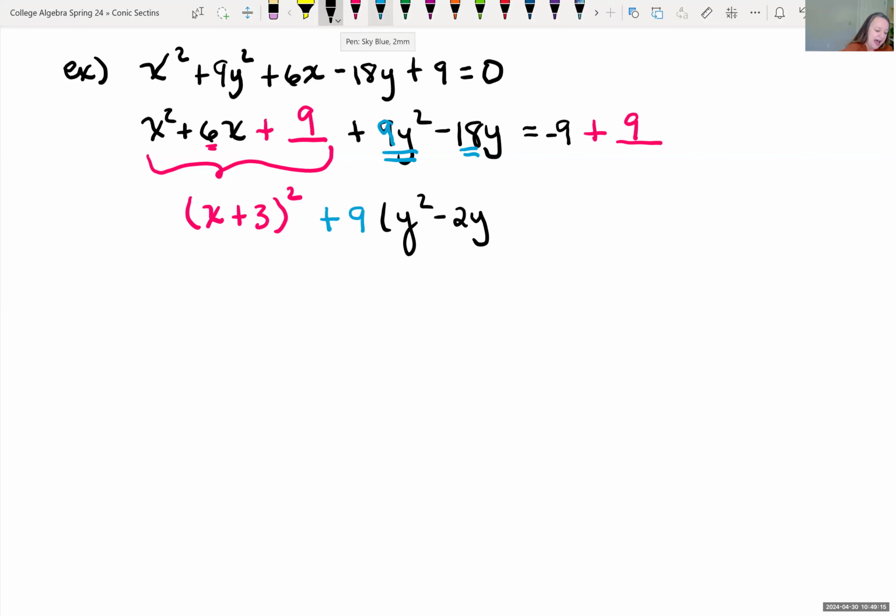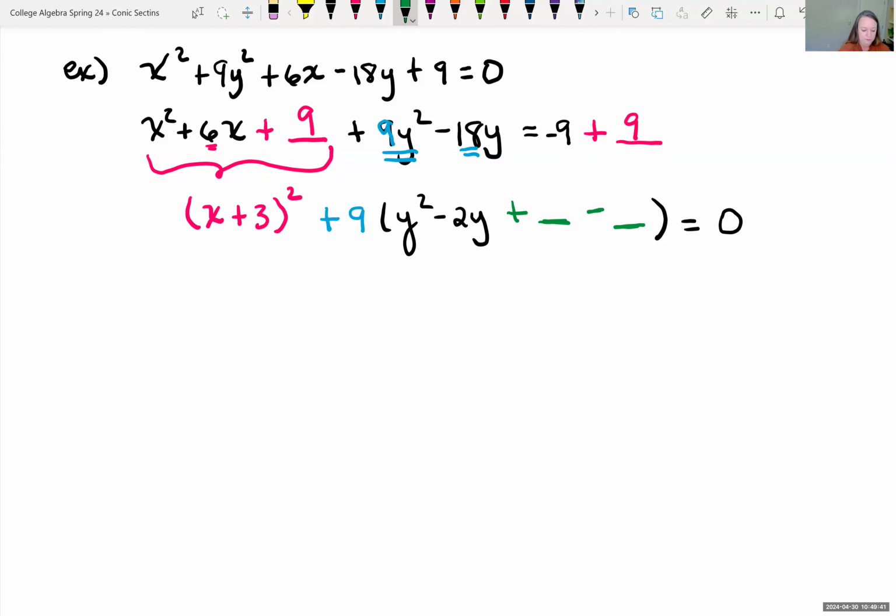And I'm going to want to add something in here to make this a perfect square. Think about it as we're adding 0 inside this parentheses. So if I add something on this side, I'm also going to have to subtract it to make it 0. This is equal to -9 plus 9, which is 0.